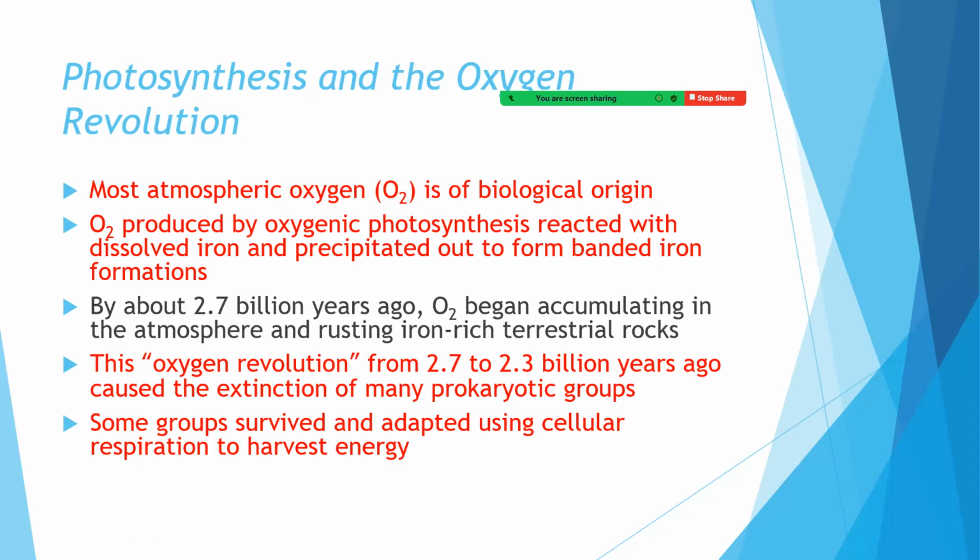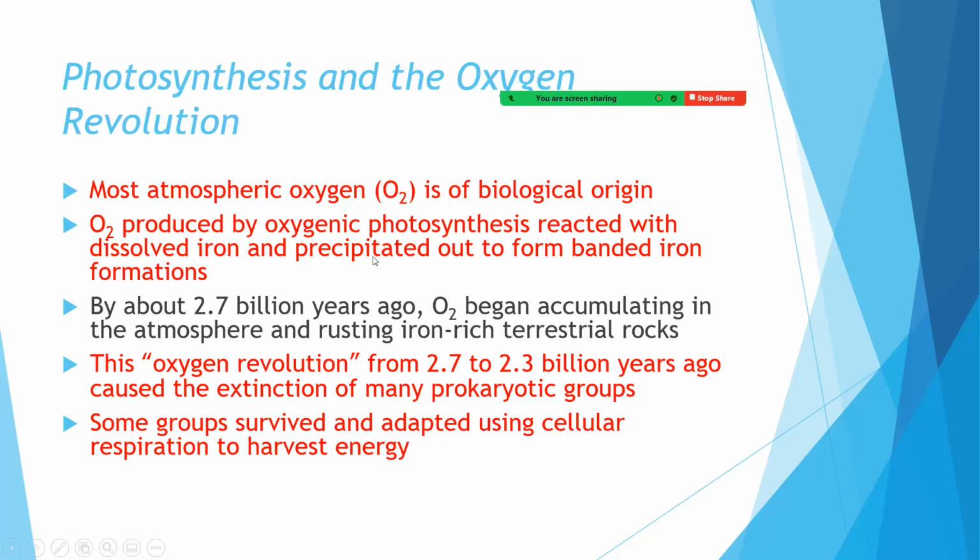When we talk about how eukaryotic cells arose and how we went from prokaryotic cells to eukaryotic cells, it had a lot to do with the appearance of atmospheric oxygen. So what we know based on the evidence that we have is that most of our atmospheric oxygen, and again, in our atmosphere now we have around 21% oxygen, was created by biological organisms, which is really interesting.